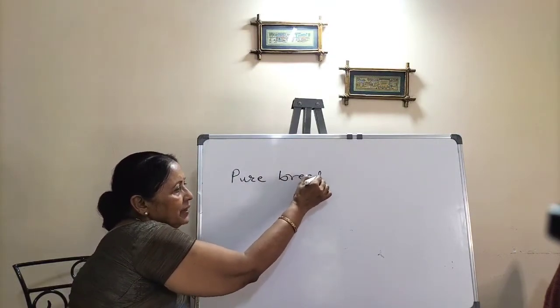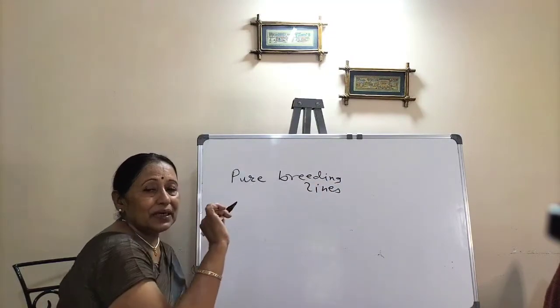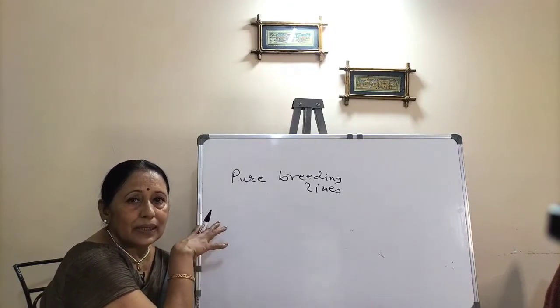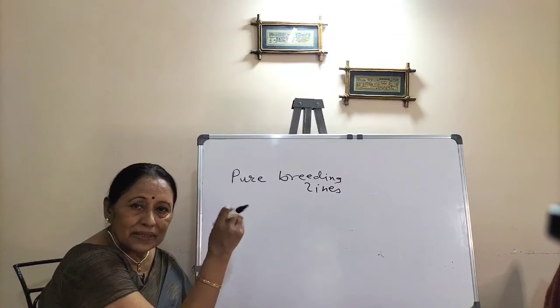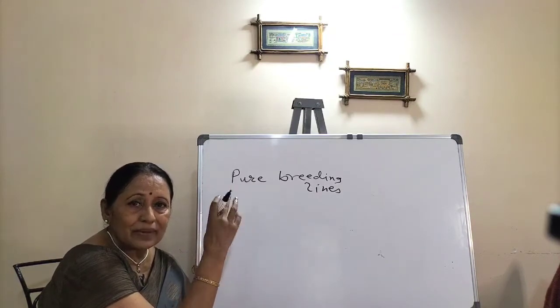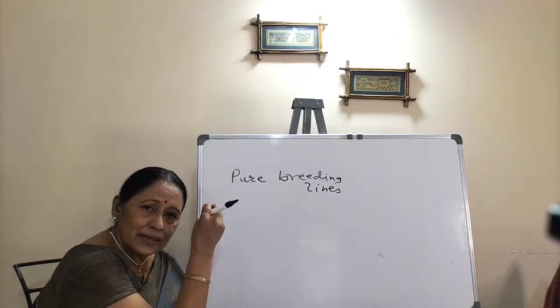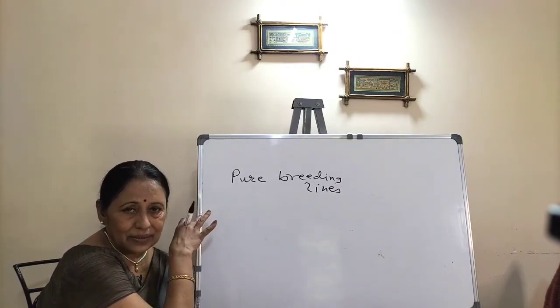Pure breeding lines. What are pure breeding lines? There are many plants which undergo only self-pollination. Their stamen and pistil mature at the same time. Their corolla remains closed all the time. So it is undergoing self-pollination generation after generation.